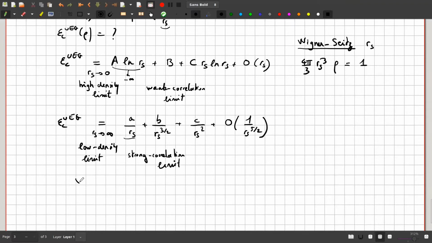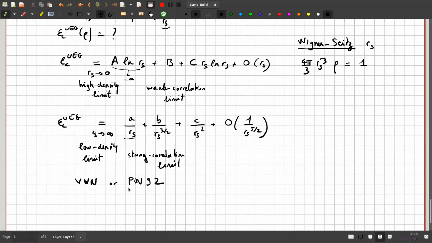There is the so-called VWN, Vosko, Wilk, and Nusair from the 80s. And there is a more recent one due to Perdew and Wang in 92 that are used also.